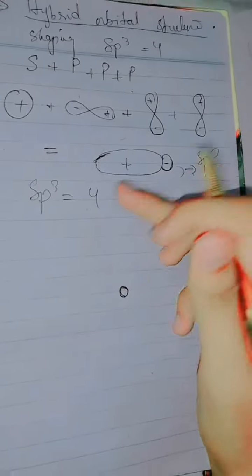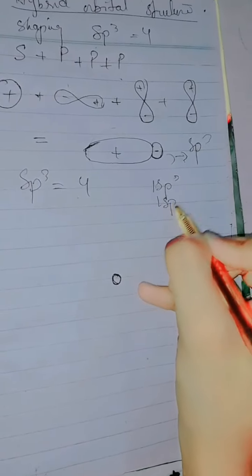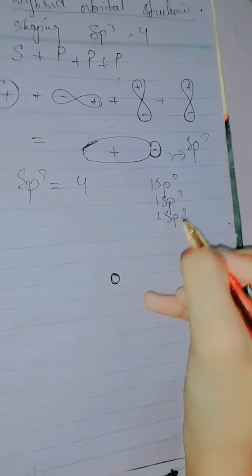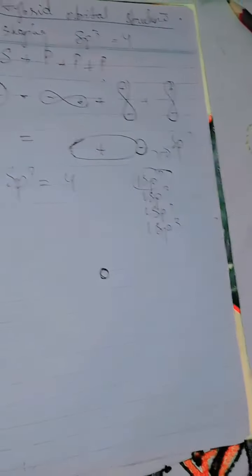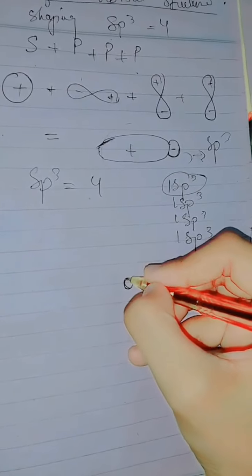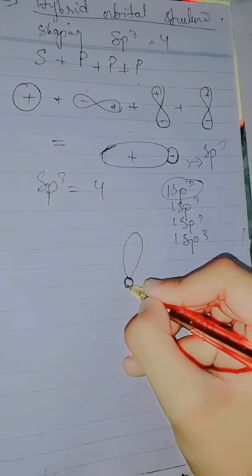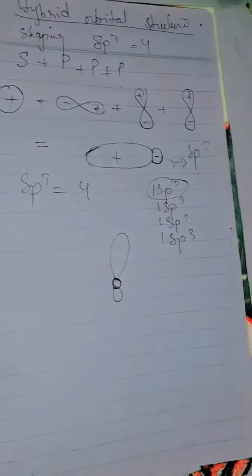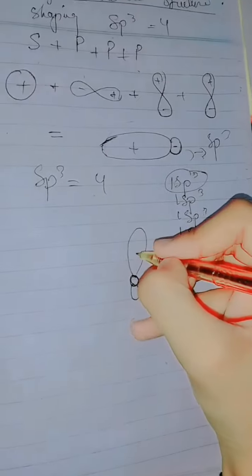First sp3, second sp3, third sp3, fourth sp3. First of all, making the first sp3, that will be this. One sp3 is completed.